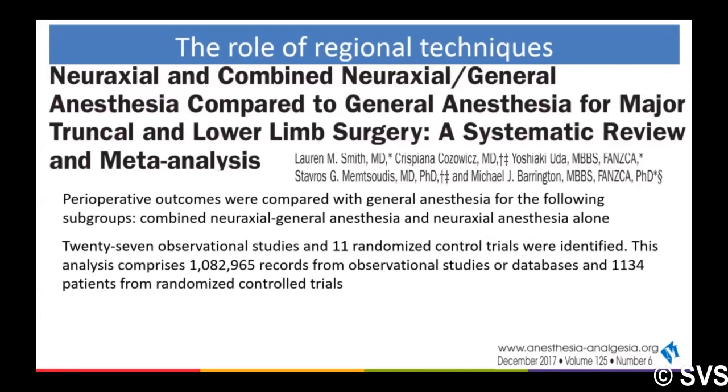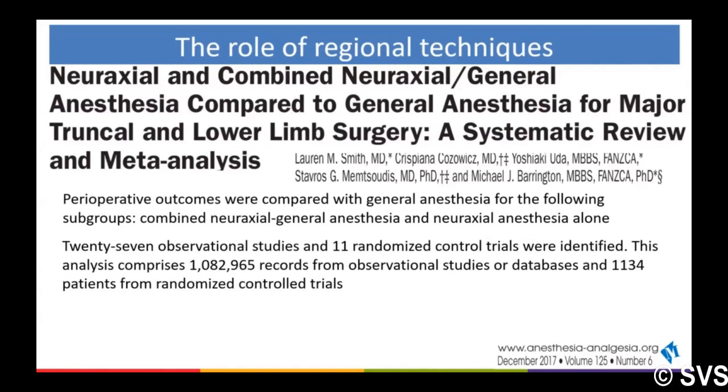This is also an interesting study by the group who reported on neuraxial and combined neuraxial-general anesthesia compared to general anesthesia alone for major truncal and lower limb surgery. This was a systematic review and meta-analysis.